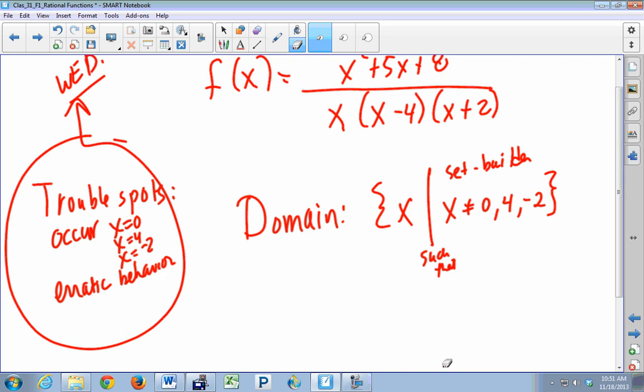What are we going to do? How would we write that same domain in interval notation? Someone want to help me with that? Interval notation.